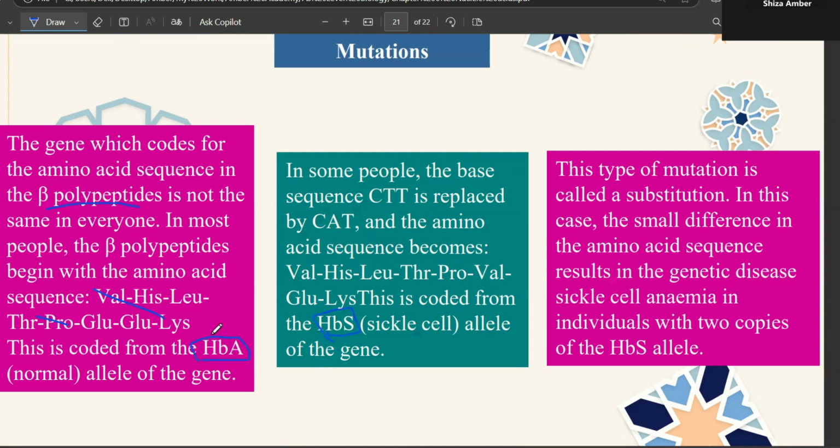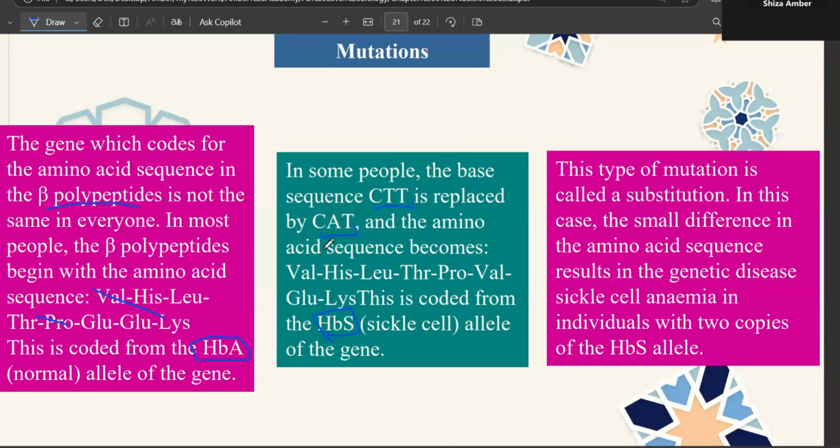So HbA is the normal one, but अगर वहाँ पे HbS हो रहा है, तो HbS is the sickle cell allele. And what happens in HbS? The base sequence CTT is replaced by CAT. So cytosine thymine thymine is replaced by cytosine adenine thymine.